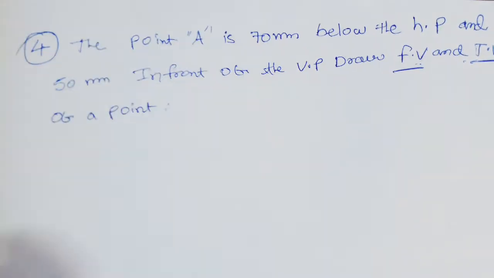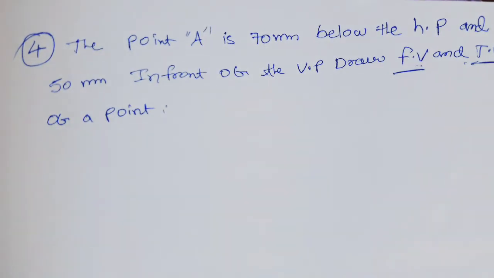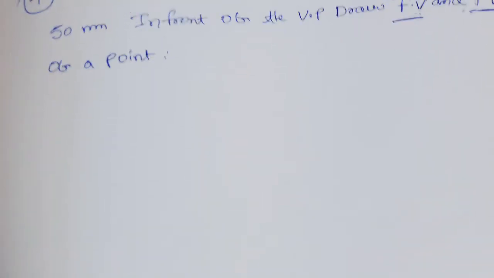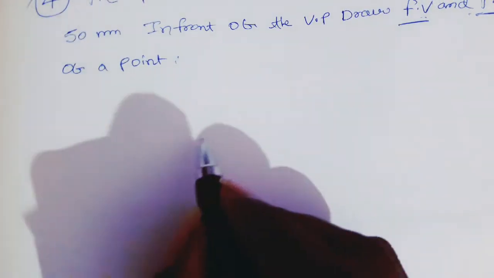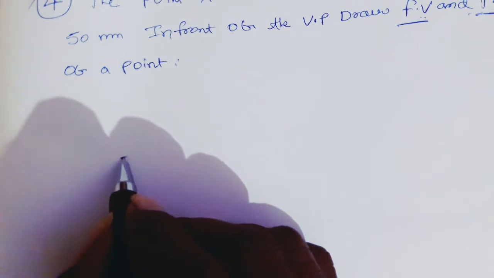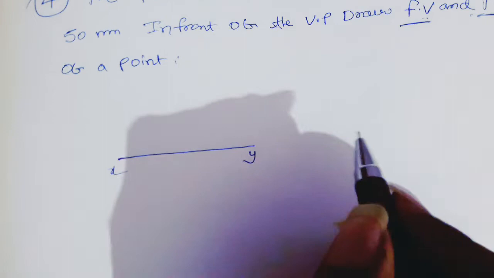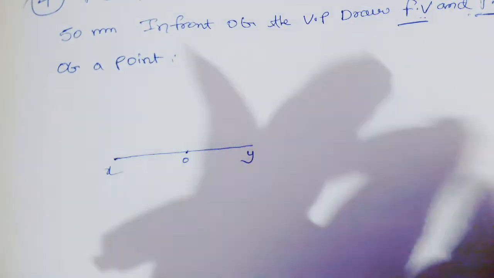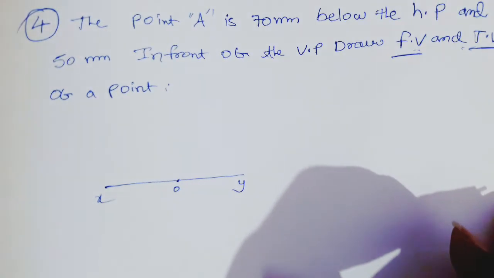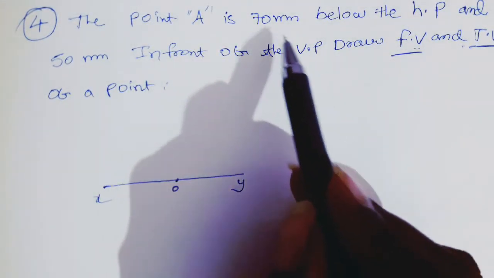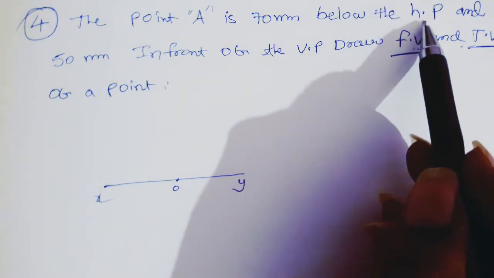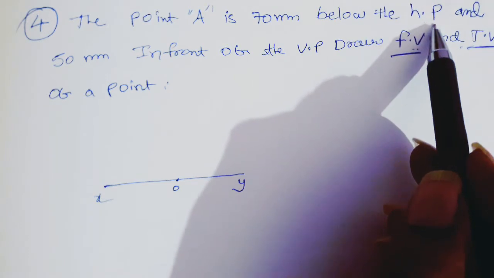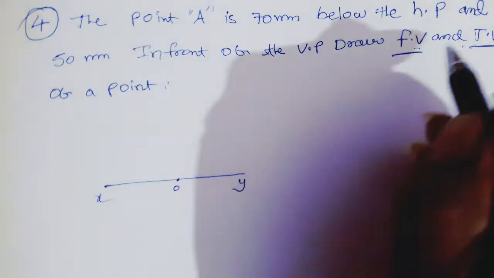Okay, the same, blindly follow the same thing. What you have to do, directly I am drawing this. See, draw XY and mark O. Here, A is 70 mm below the HP. Below the HP is nothing but below the XY line.